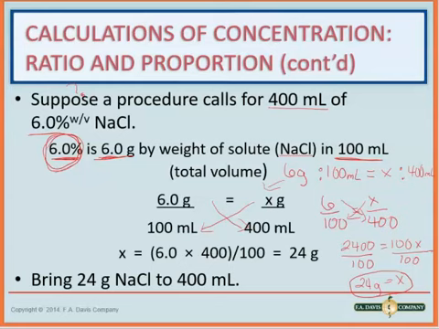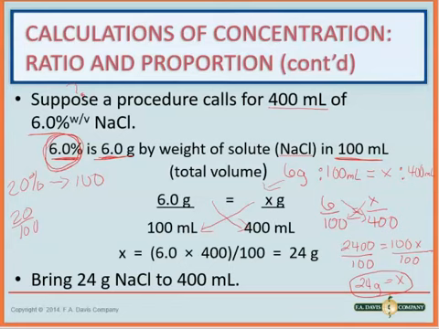So for example, if we have 20% of something, what do we know that that's out of? We got to automatically know that's out of 100. So 20 can be put over 100. So sometimes it's not going to spell it out for us that 6 is going to need to be over 100.